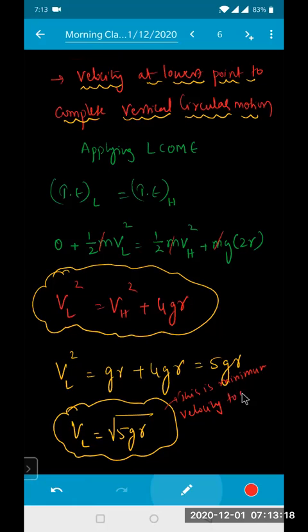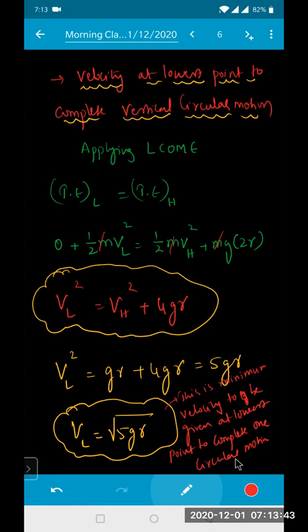Velocity to be given at the lowest position or lowest point to complete one circular motion. This is the minimum. You can increase more than this, but not lesser than this one.